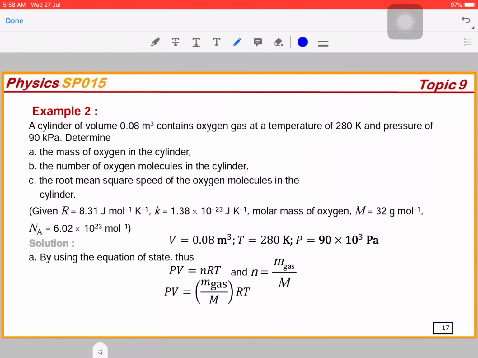First, they want us to find the mass of oxygen. By using the equation of state, we have PV equals nRT, and n equals m over M. So we have PV equals m gas divided by molar mass M, times RT.